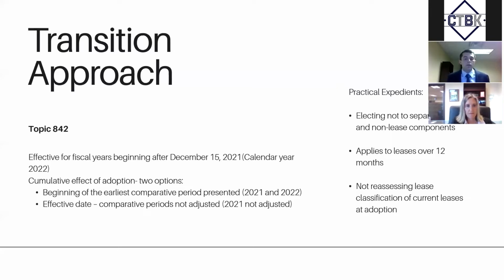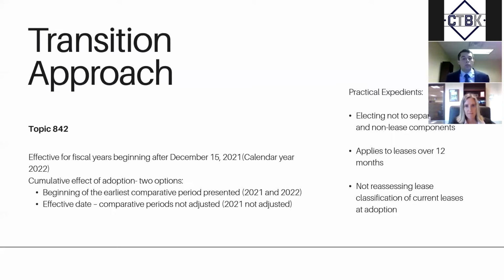Topic 842 can be adopted using two options. The first is the beginning of the earliest comparative period presented, with comparative periods adjusted. Under option 2, which is more simple and our recommended option for adopting topic 842, is the effective date method, with comparative periods not adjusted, or on a prospective basis.